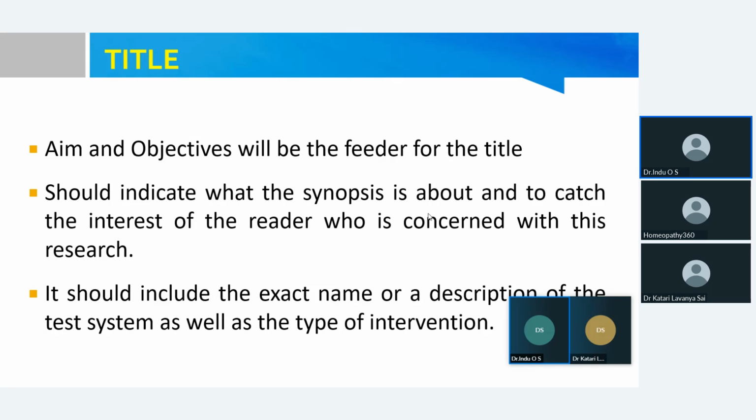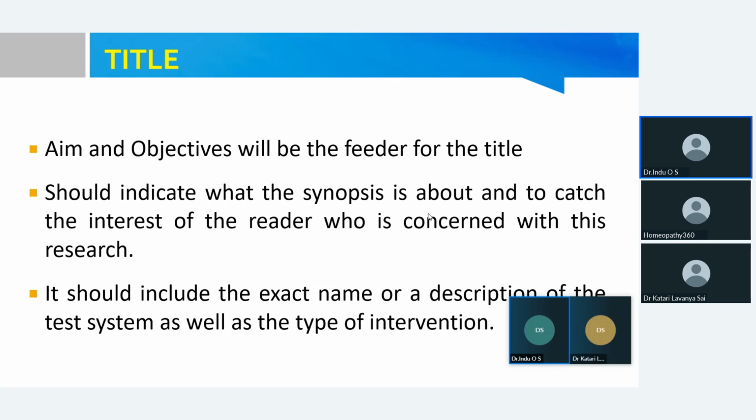The only thing is you have to give a reference, in the bibliography or in the text, for that particular article or journal from where you have taken the methodology for your research. That is the only thing you have to be careful about if you are taking the methodology from other standard journals.